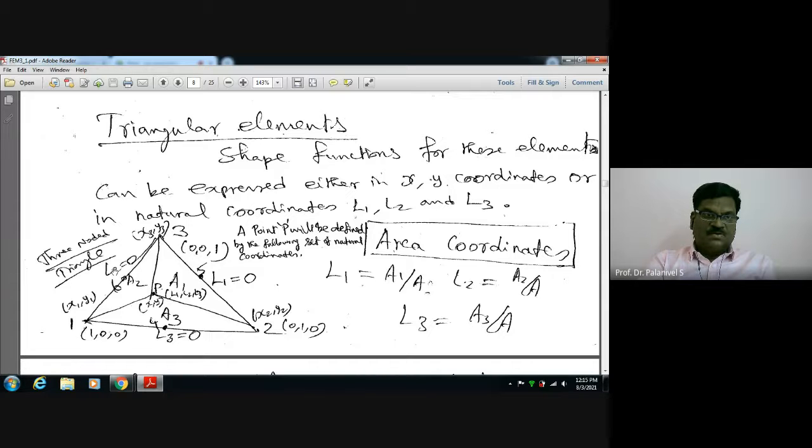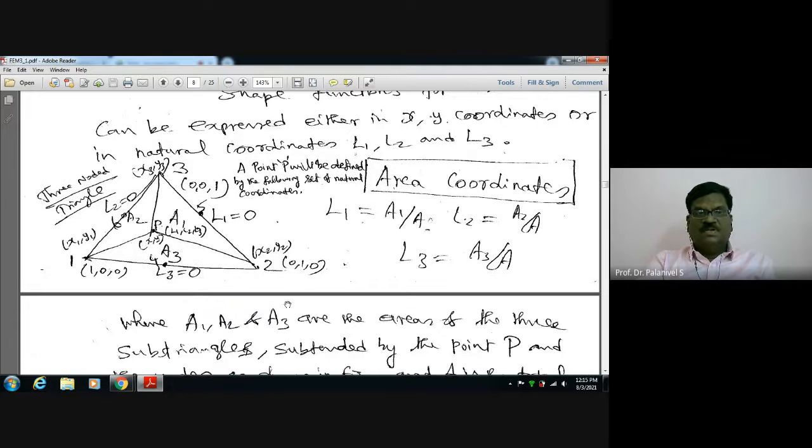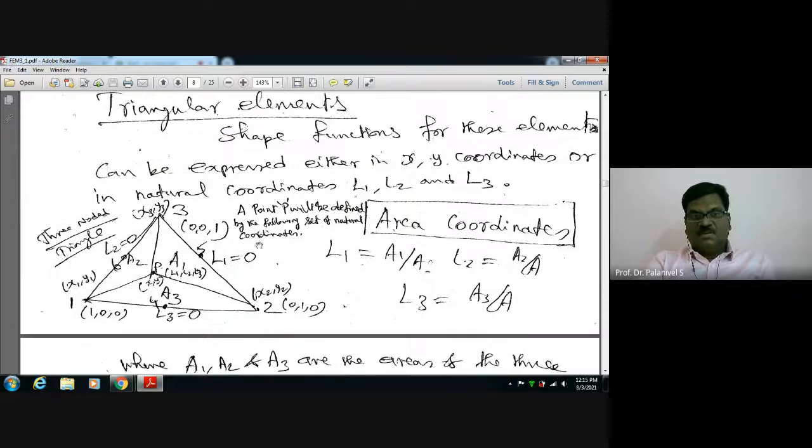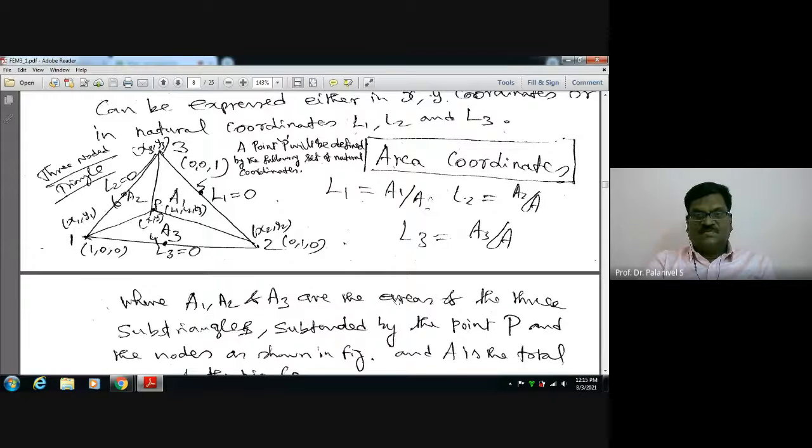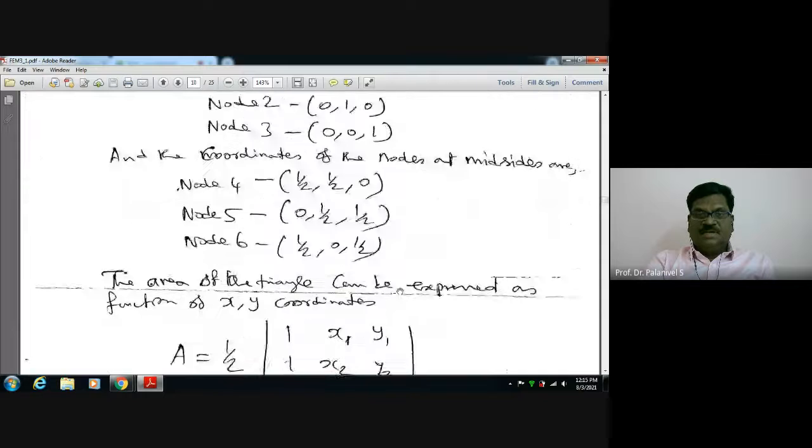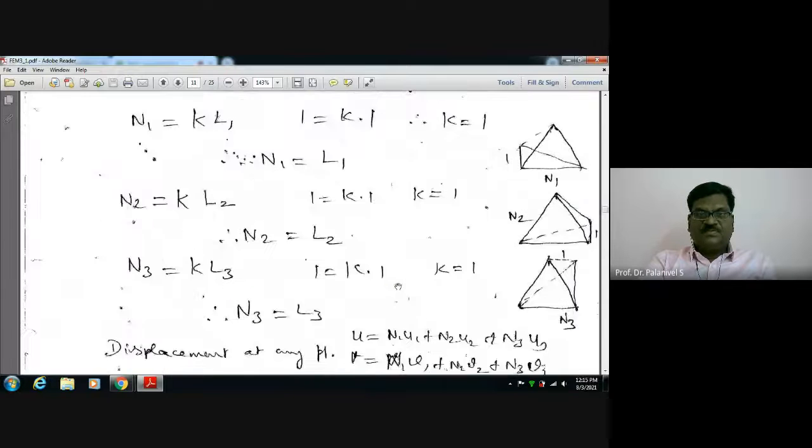So you have to take this L2. Similarly, for node 3, the equation of the line passing through node 1 and 2 is L3 equal to 0. L3 is 0 commonly at those nodes. That's why L3 equal to 0 is the equation of the line. So this way you have to proceed.